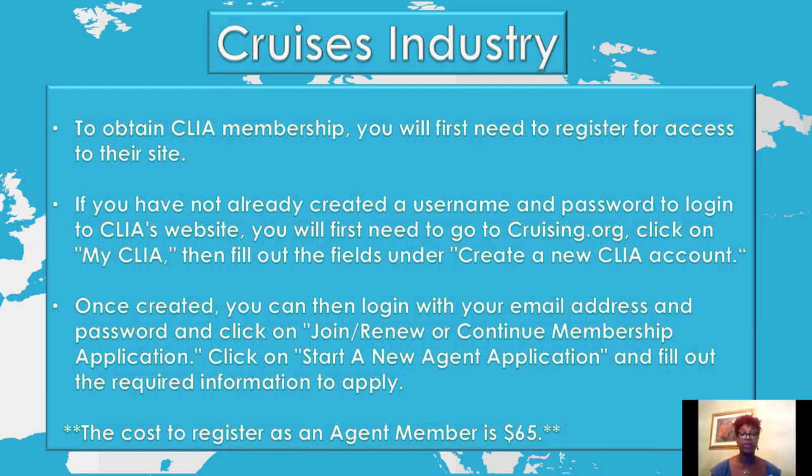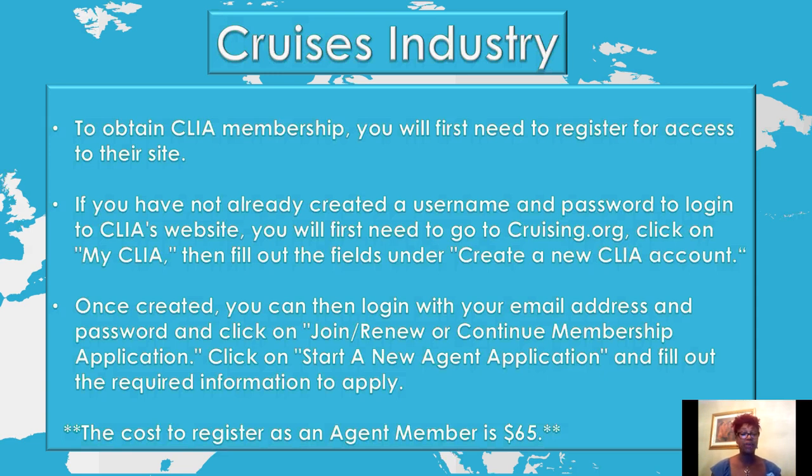To obtain your membership, you'll first need to register to access the site, okay? If you haven't already, create a username and log in with CLIA's website. You'll first need to go to cruising.org. Click on My CLIA, then fill out the fields on the Create a New CLIA Account.